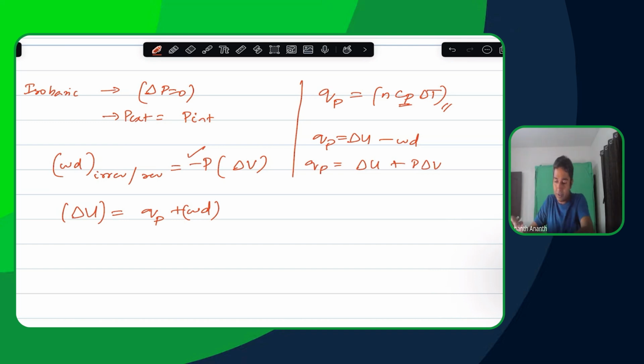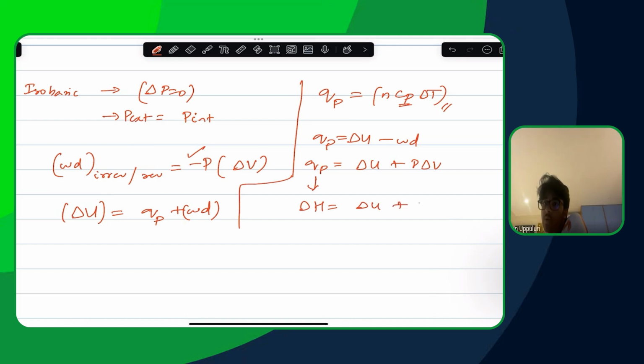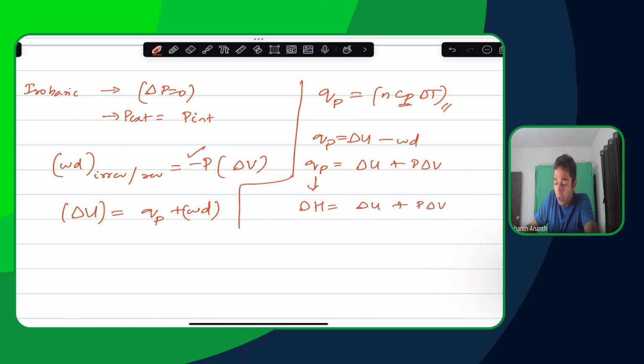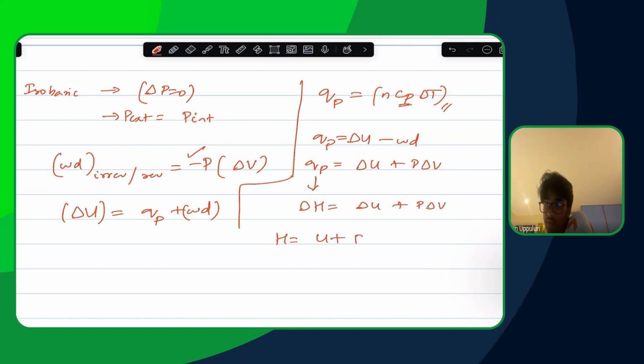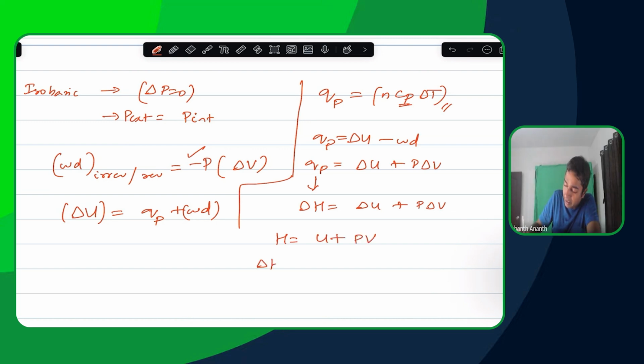Now, of course, this is effectively what changes into your delta H. Why? Because what is H defined as? U plus PV. So if I write delta H, I can write it as delta U plus delta of PV.